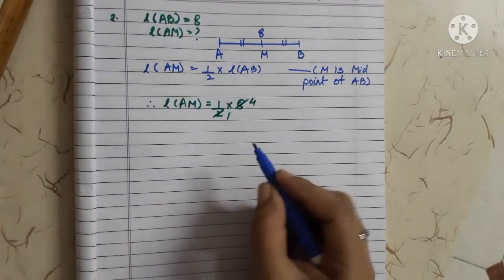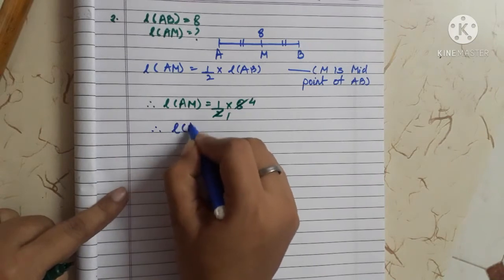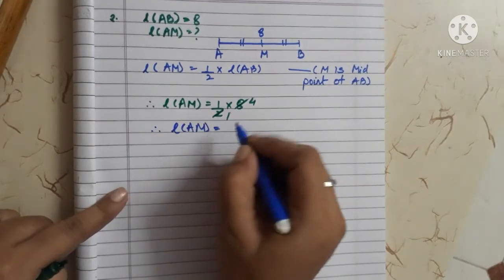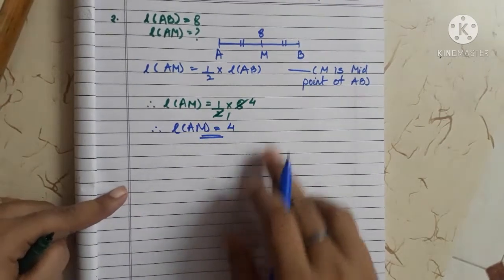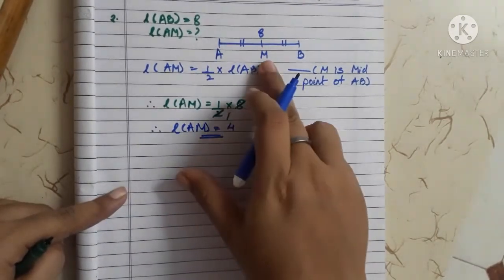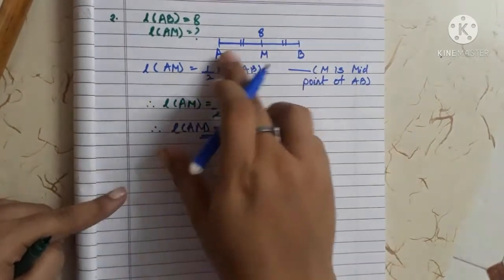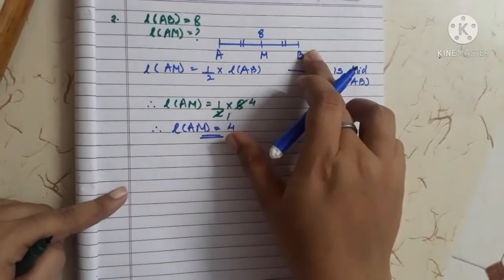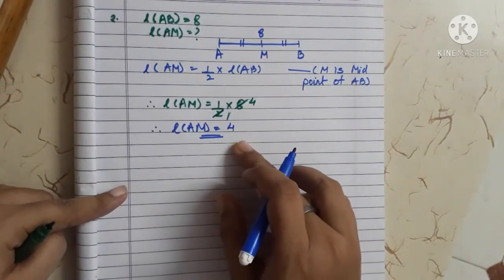Okay, therefore our answer is, length of AM is equal to 4. Whenever midpoint is given, midpoint divides the whole segment into 2 equal parts. Therefore AM is equal to half of AB. AB is given 8, therefore half of it is 4. Only this much.